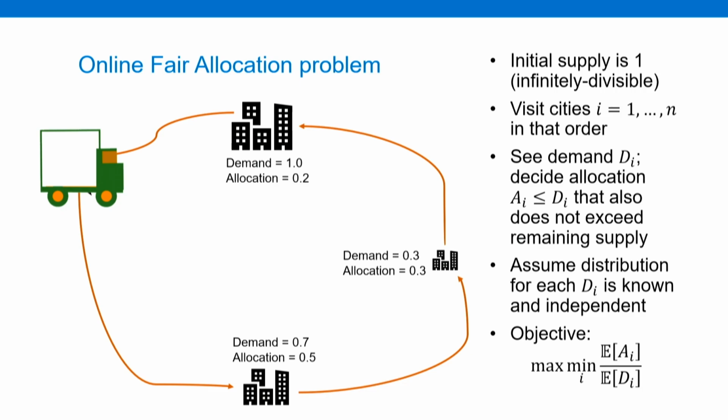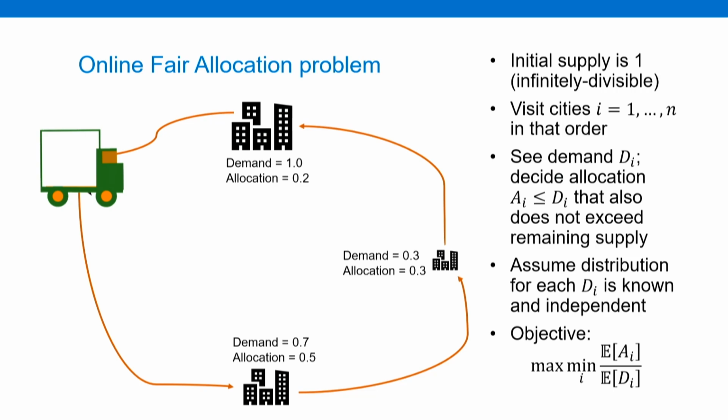My objective here, for illustration purposes, is to be fair in the following sense: I'm trying to maximize the minimum over cities i of the average amount I give them divided by their average demand. OK, so that's the problem.